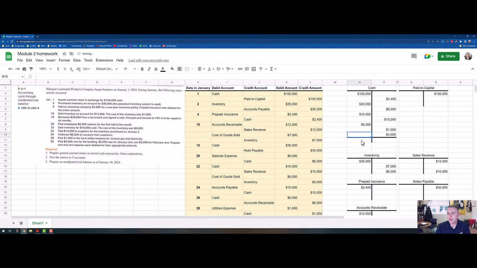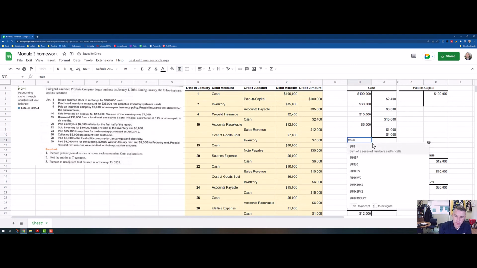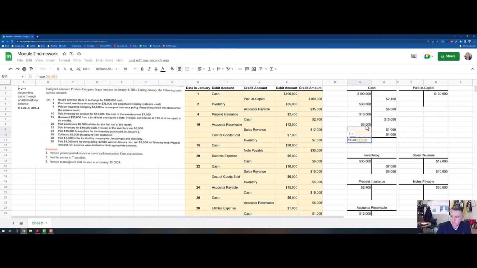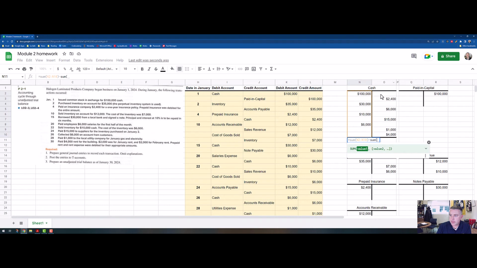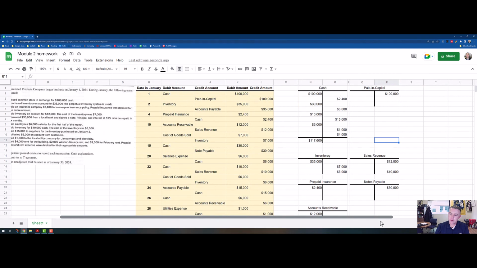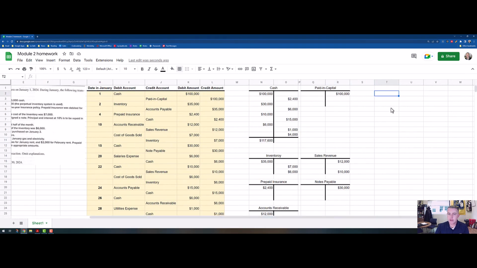I'm going to say sum of the debits minus the sum of the credits, and that will give me my T account balance. So I have a debit balance of $117,600.